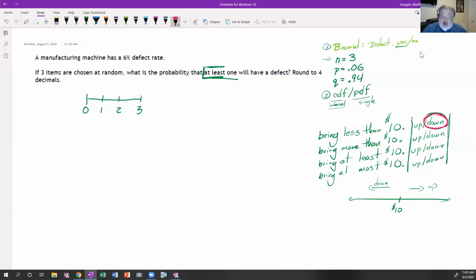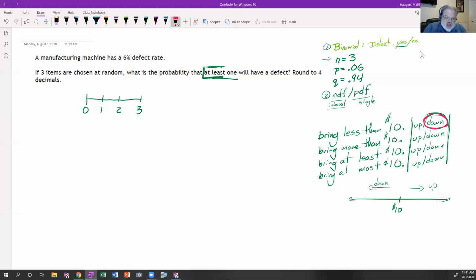Because less than $10, and a nice thing to think, and it works with these problems too, what is a number that's less than 10? 9, 8. Now, what would qualify? Bring less than 10. Well, if I bring $8, is that okay? Yes. If I bring $7, is that okay? Yes. If I bring $13, is that okay? No.